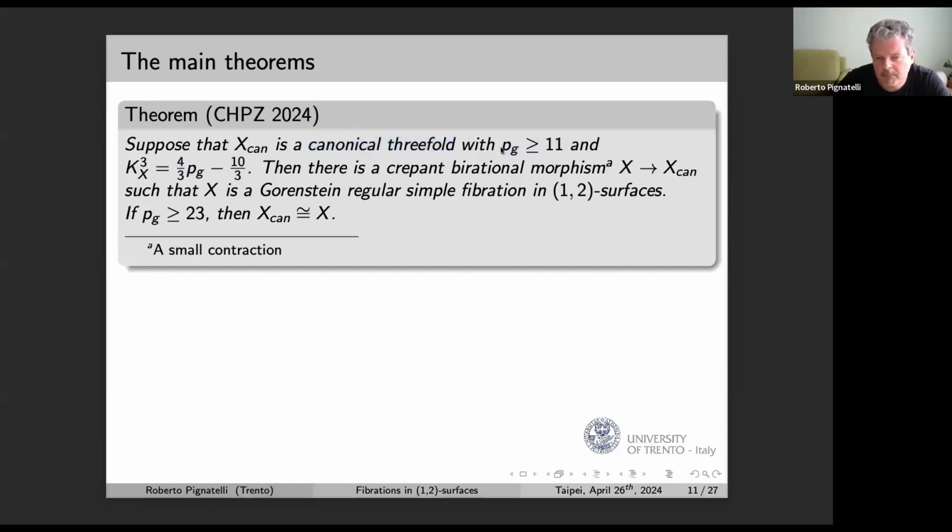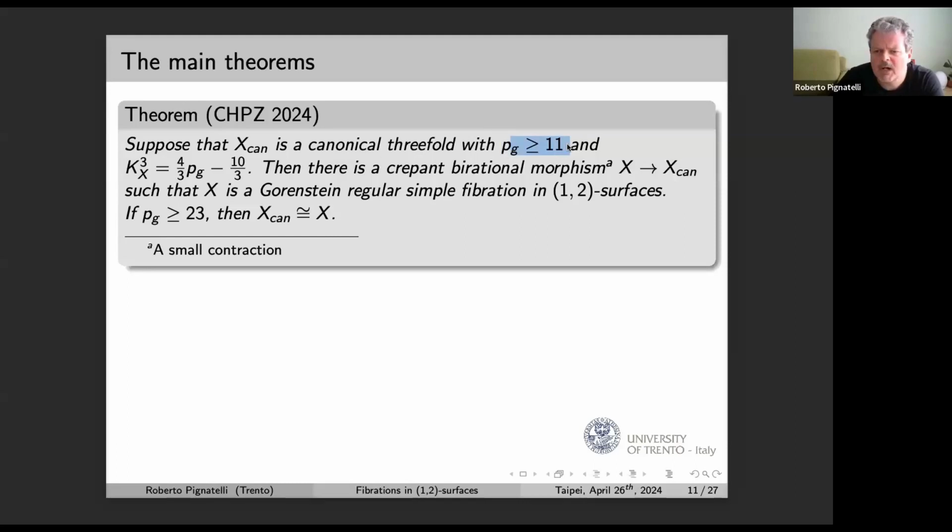So if you remember, the reason for this p_g bigger than 11 comes mostly from the result of Yunkai, Meng, and Zhang, where the assumption was p_g smaller than 4 or p_g bigger than or equal to 11. Here we have only p_g bigger than or equal to 11 because there is a classification of those with p_g equal 4.